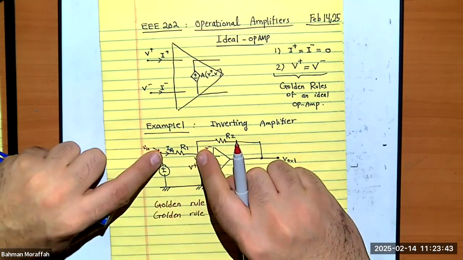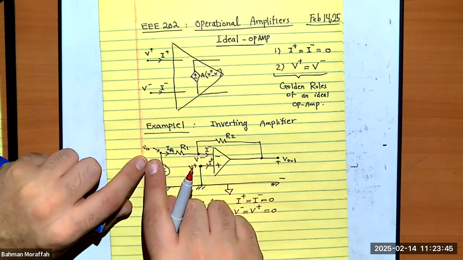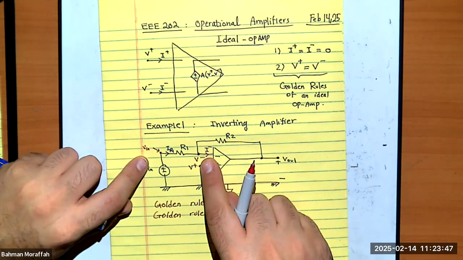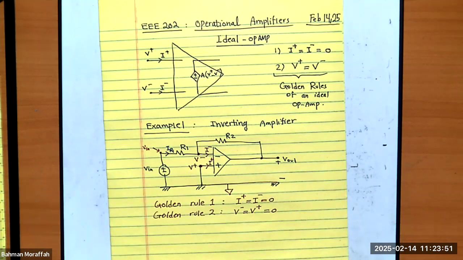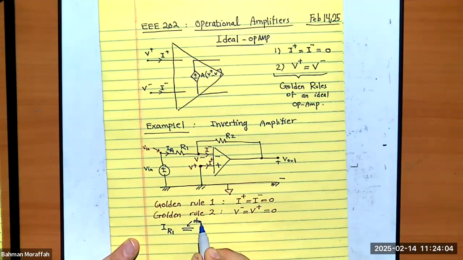So voltage across this R1 is Vn minus V negative, right? If I divide this by the value of the resistance, I get current through it. So I through R1, due to Ohm's law, is Vn minus V negative divided by R1.